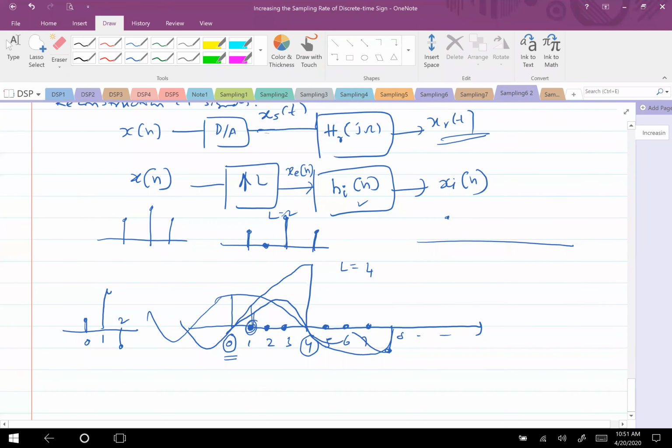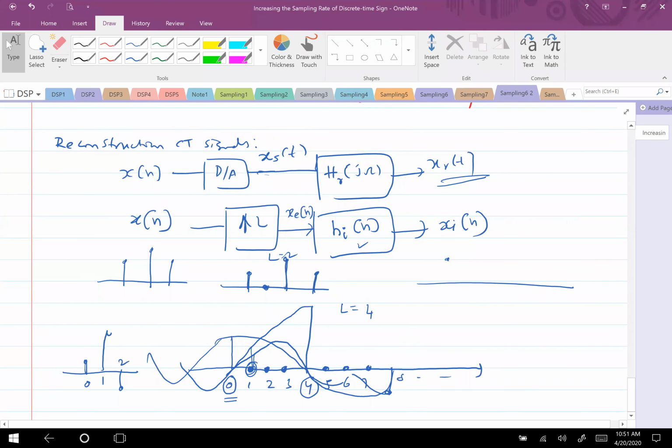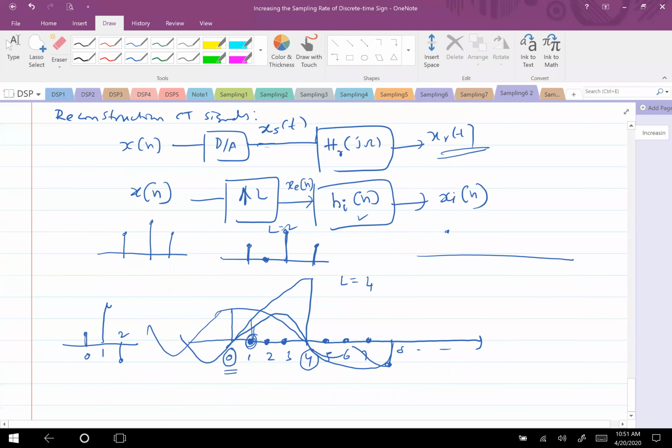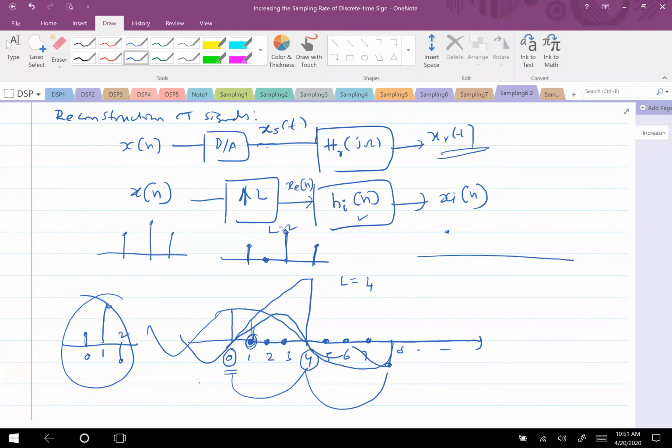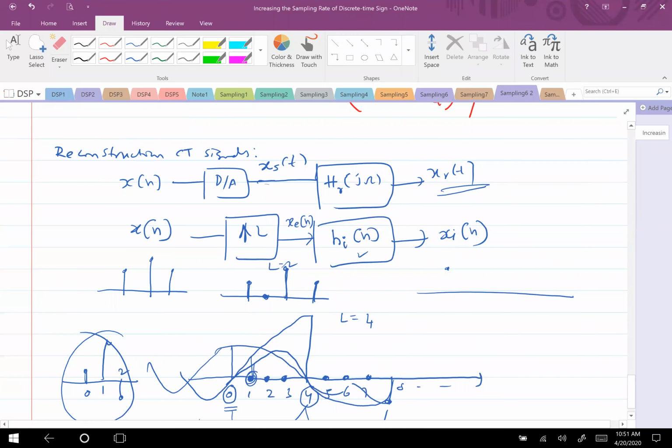So in both cases, what is common, the strong point, is interpolation of the values at those points that have been newly introduced, based on the values that you already have here. So 0 1 2 would now go, upsampled by 4, so it will go to 0. L is 4, so 1 times 4 is 4, then 2 times 4 is 8, and in between, of course from minus infinity to plus infinity of these k values, you would be drawing them and summing up would give you the signal here.